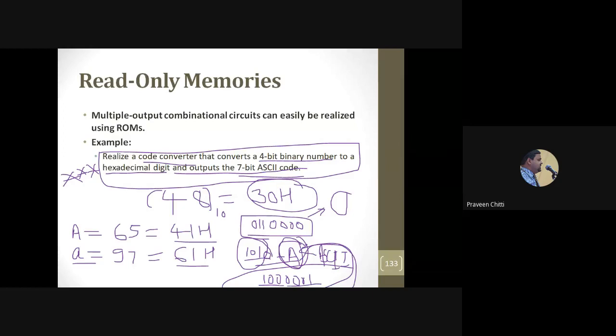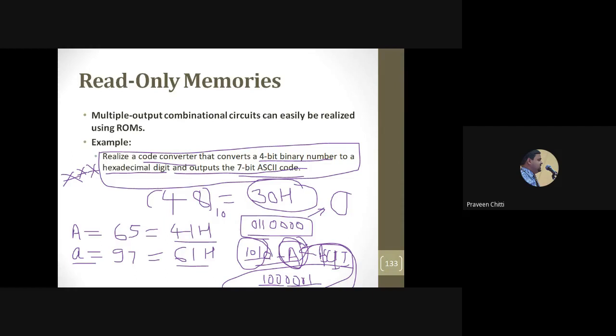How to do it? Can anybody throw some light on this? How should we go ahead about this? How can we implement this code converter? At least any idea?